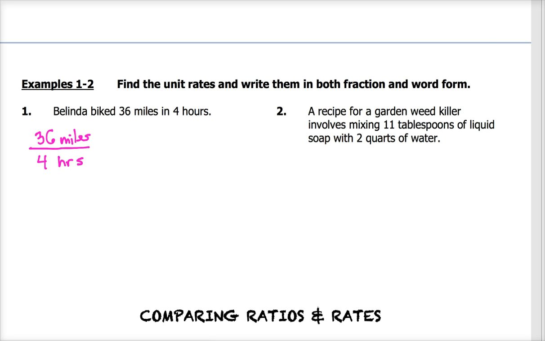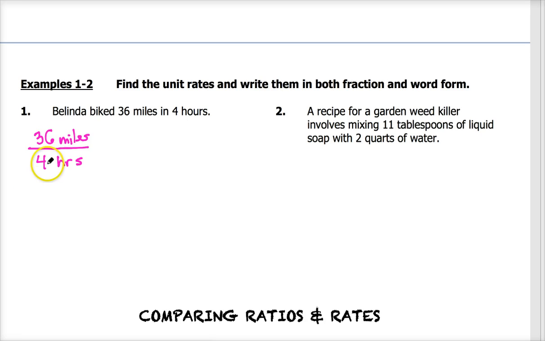And to make this a unit rate, now I need to divide both the numerator and denominator by the denominator. So I'm dividing by 4. So the unit rate would be 9 miles for every 1 hour. 36 divided by 4 is 9, and 4 divided by 4 is 1.